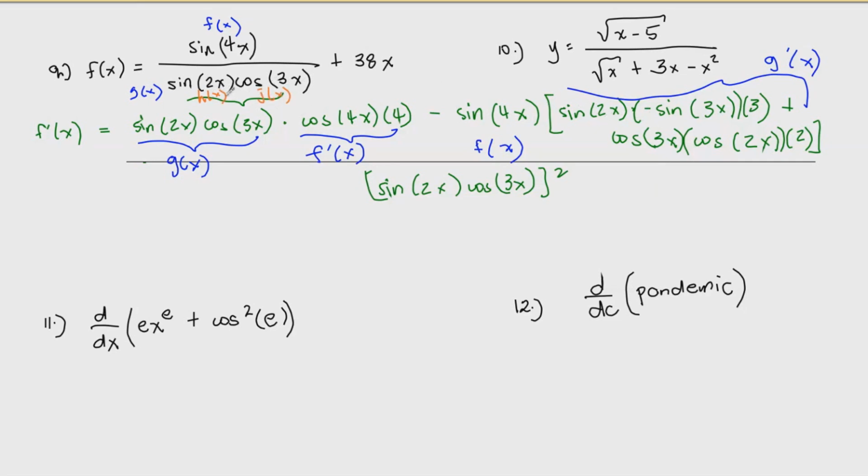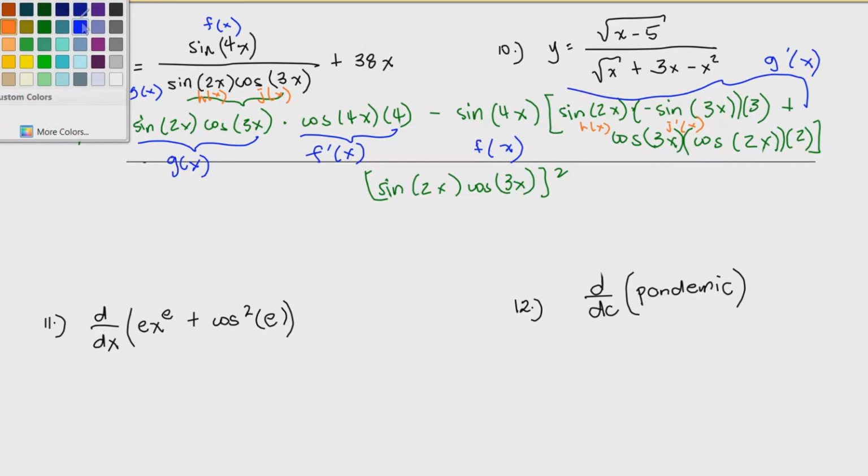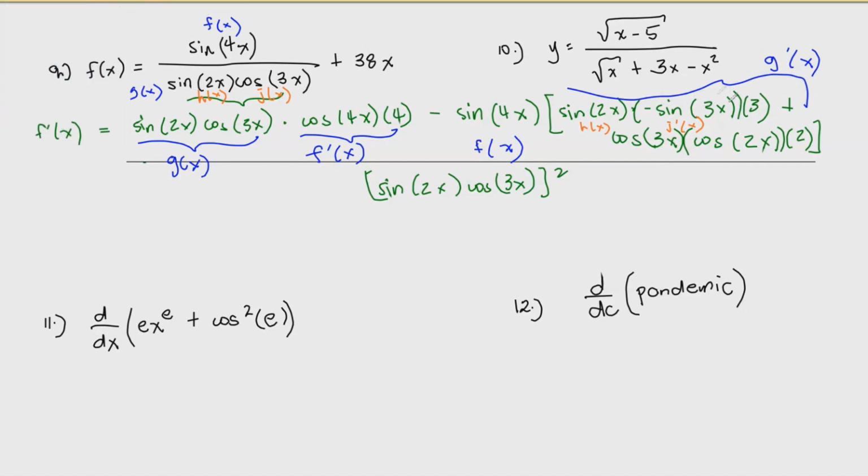As you can see here, I did a product rule, so this is h of x and this is the j prime x, that is the derivative, and so on and so forth. So in that way, we're doing two major rules in trigonometry at the same time, and then we just have to square it.